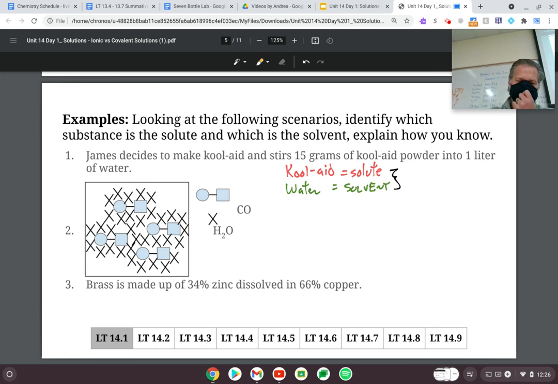How do we know that? Well, there is a solid being dissolved in water. The solid is in a smaller amount than the water.